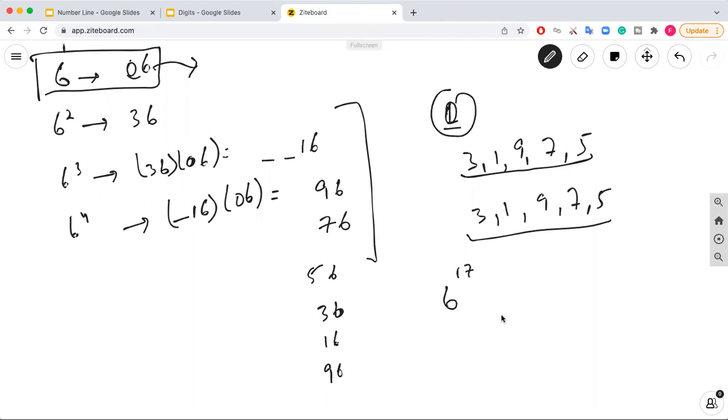I'm asking about the tens digit. 3. How is that 6? Oh, okay. Sorry. That is the unit digit.